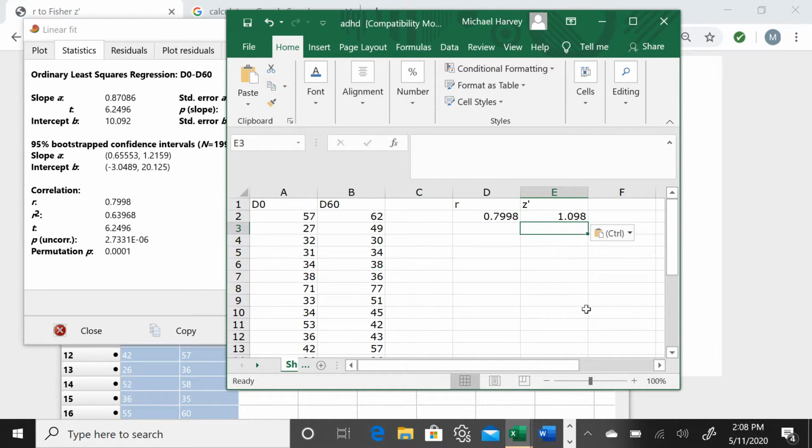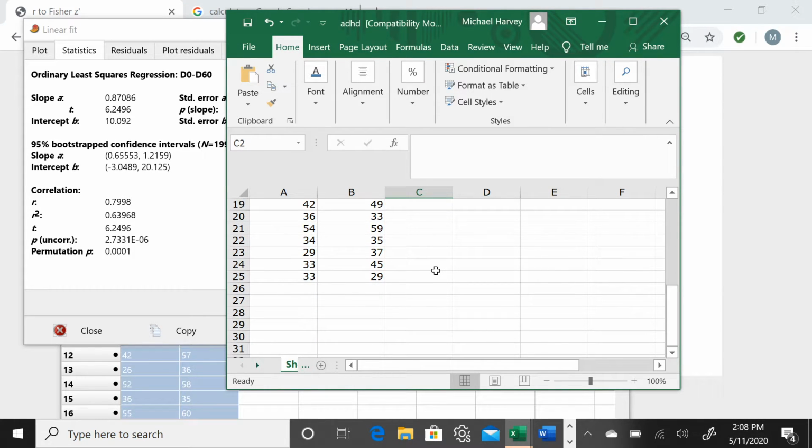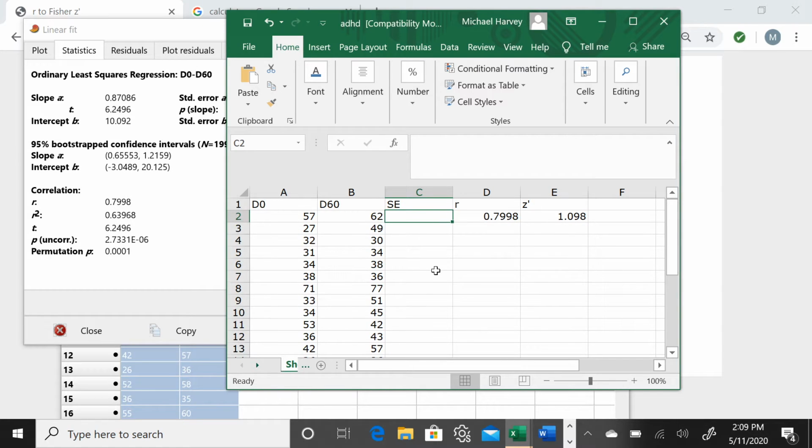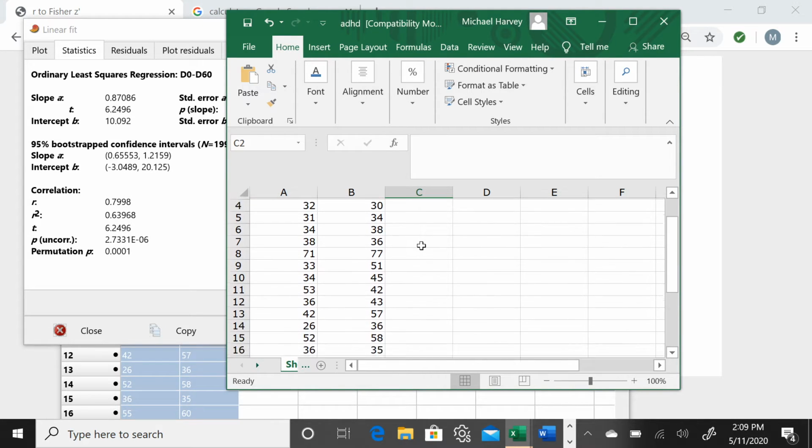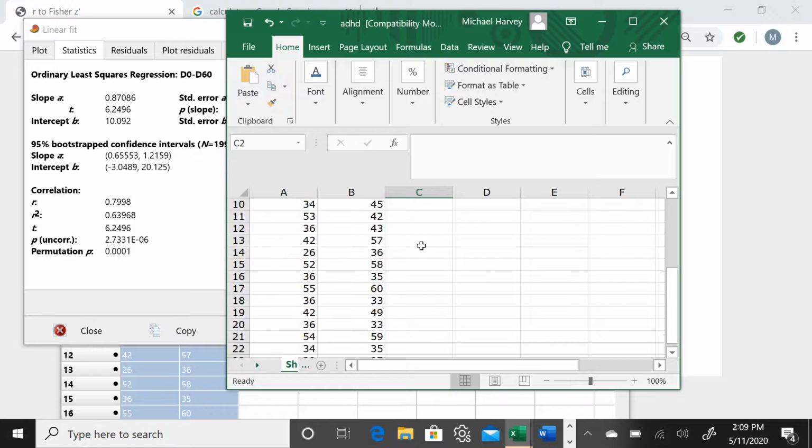Okay. All right, now remember to find the upper value, what we need is a standard error. Okay, so I'm going to write the standard error right here. All right, we'll put SE just so we don't have to keep messing around with it too much. Okay, so how many of these do we have? Looks like 24 individuals, because notice D0's in the beginning here, so there's 24.